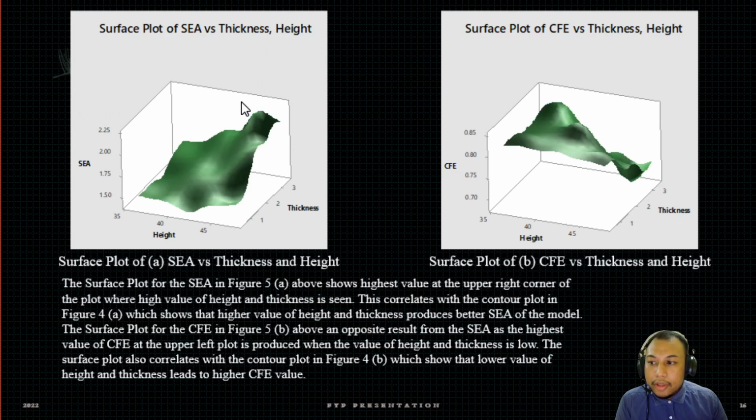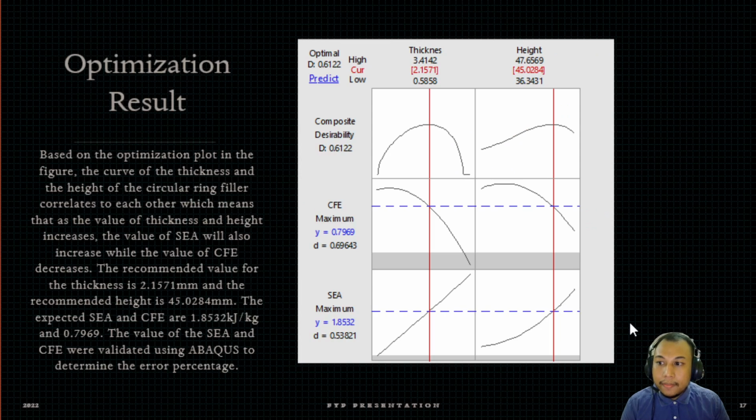For the surface plot, we can see that the SEA is higher when the thickness and height of the circulating filler is high, which is the same as before. And surface plot for CFE showed the opposite result, where the CFE is higher when the height and thickness of the circulating filler is lower.